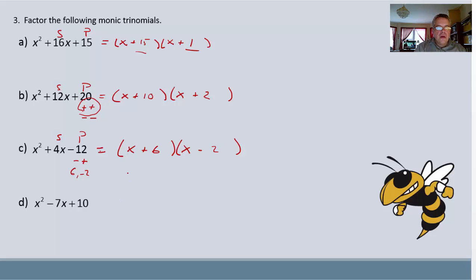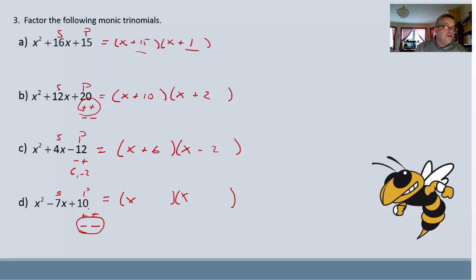All right, last example. Two numbers that add to negative 7 and multiply to 10. Since the product is positive, either both numbers are positive or both numbers are negative. But since they have to add up to a negative, both of them have to be negative. Okay, so here we go. We've got to think of two negative numbers that multiply to 10 and add to negative 7.